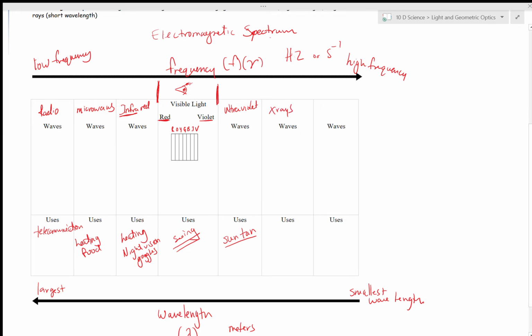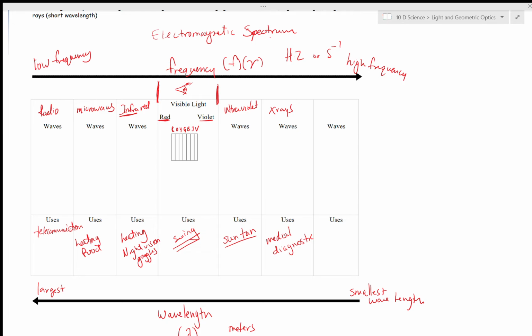These ones are kind of self-explanatory in terms of what their uses are. So this is medical diagnostics. So you break your hand or a bone, and you have to go in for X-rays, and the doctors are able to see what's going on the inside of you.